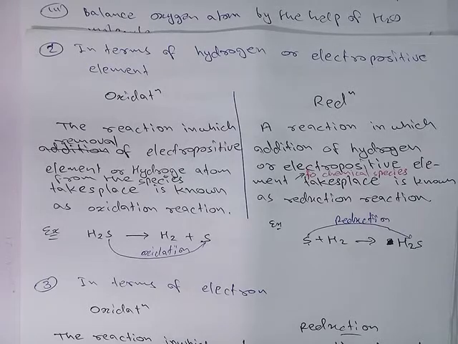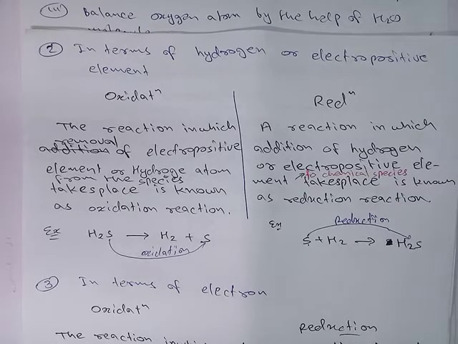Hydrogen is an electropositive element with non-metals, but in case of metals, hydrogen is an electronegative element. So one thing to remember: hydrogen is not always electronegative or electropositive. It is electropositive in case of non-metals, and electronegative in case of metals.